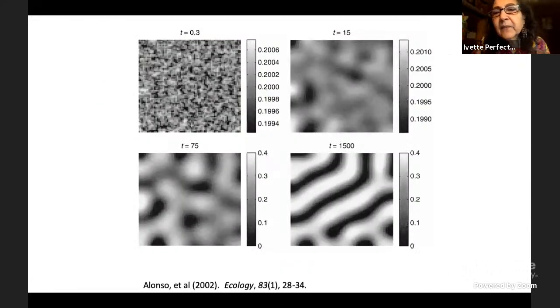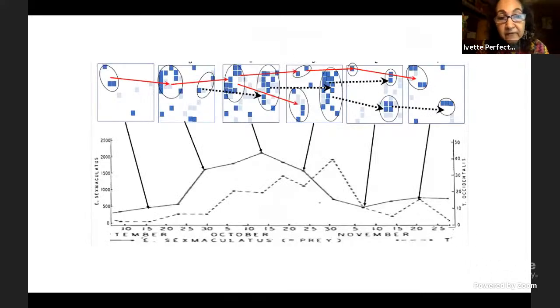Now, this is something that has been developed theoretically by David Alonso in Spain and his colleagues. Here you can see the emergence of the spatial pattern for the prey at different points in time in a spatially explicit predator-prey model that he developed based on the results from Huffaker.